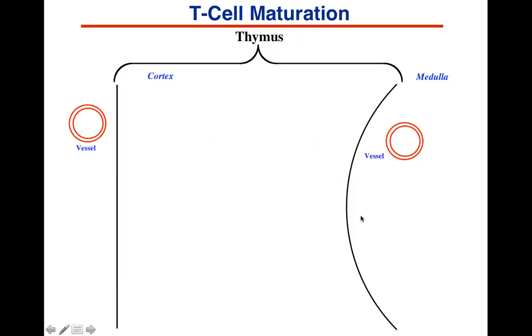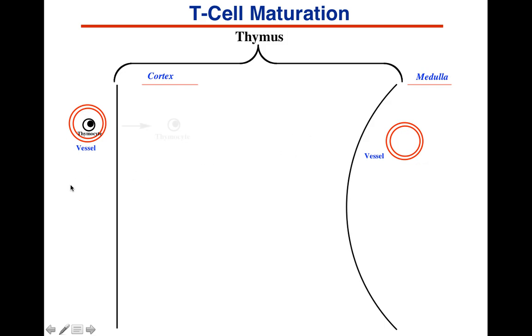And so if we look at how this happens, remember the thymocytes are going to leave the bone marrow, and they arrive through the bloodstream at the thymus. The thymus is composed of two broad units. One is the cortex and one is the medulla, and there's blood going in and blood going out of the thymus.